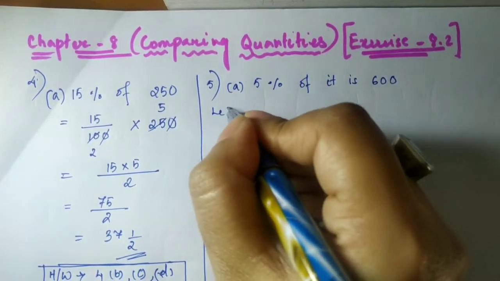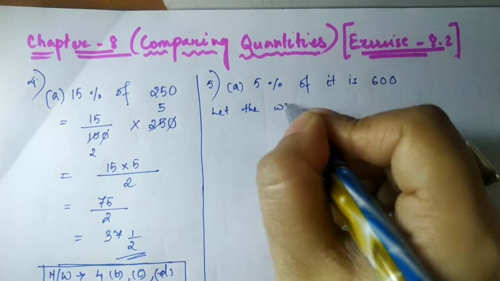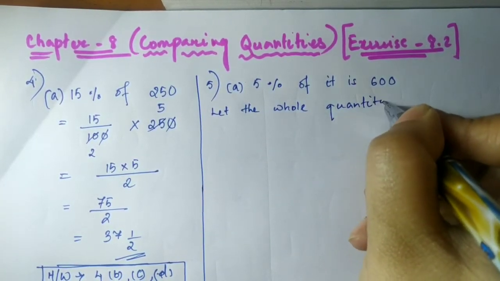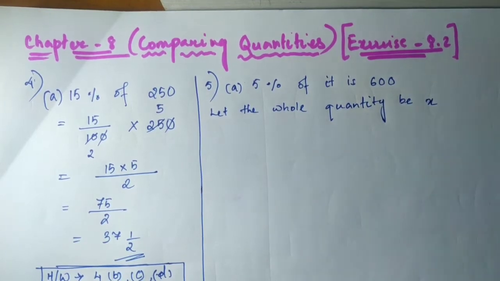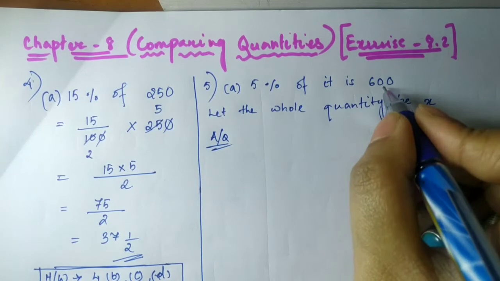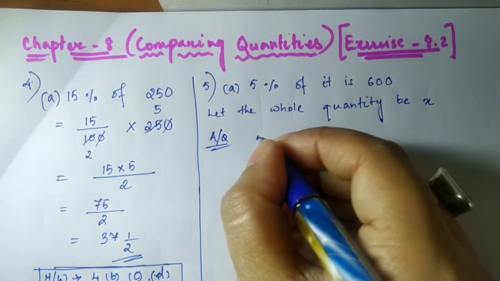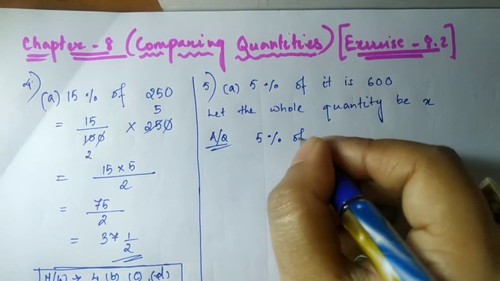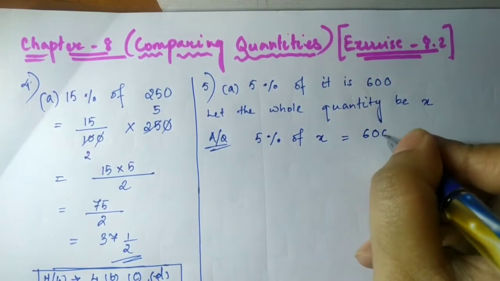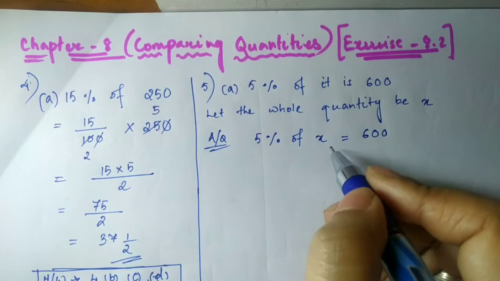So I will write, let the whole quantity be x. According to the question, I'll write this statement in the form of an equation. 5% of it means x is equal to 600. So I have to find this particular thing.